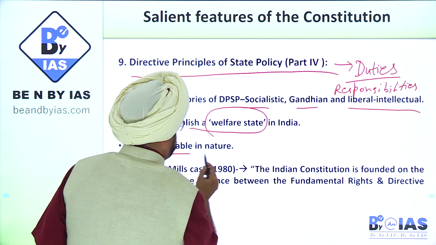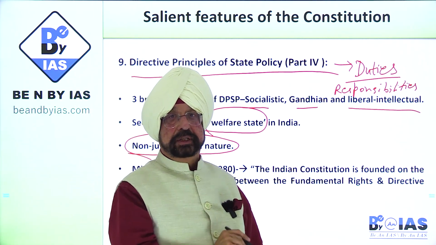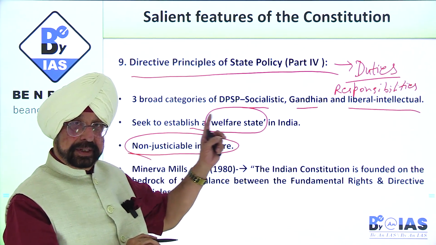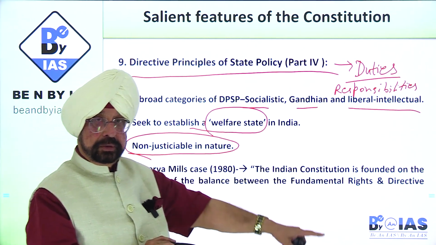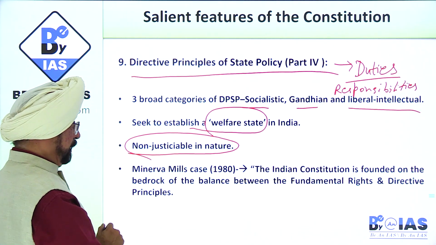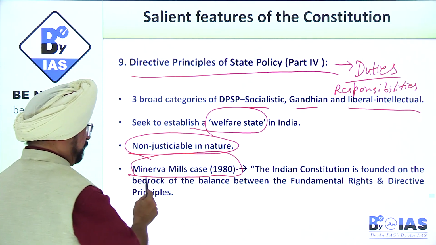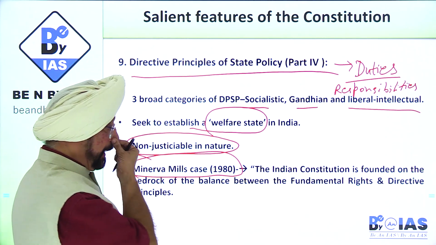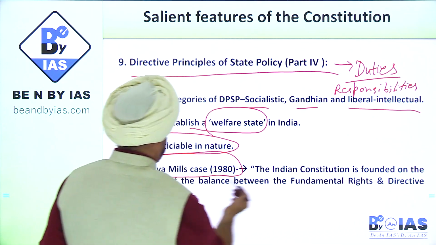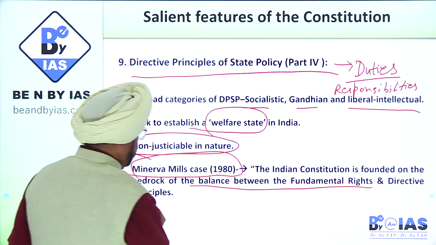They are non-justiciable. That means you cannot go to the court for enforcing them. Fundamental rights are justiciable. You can go to the court for their enforcement, but not in the case of directive principles. The important case on this, just for your reference, sometimes it is asked, is the Minerva Mills case, in which they said the Indian Constitution is founded on the bedrock of the balance between the fundamental rights and directive principles.